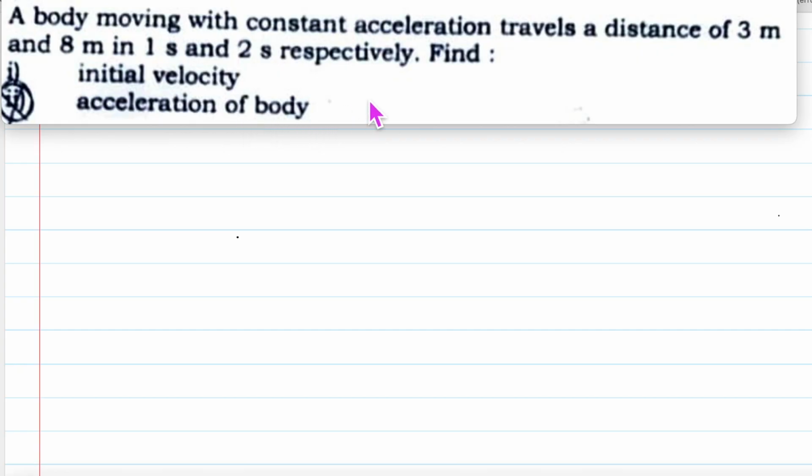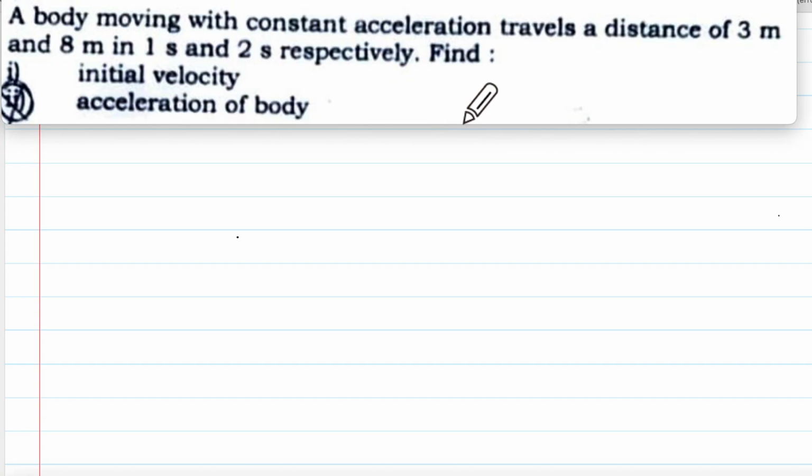In today's video, we will solve a very interesting question on motion under constant acceleration. A body is said to cover 3 meters in 1 second and 8 meters in 2 seconds respectively.